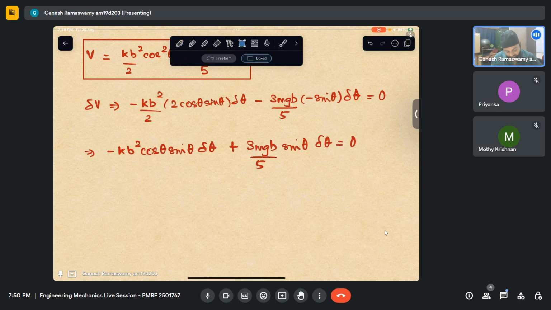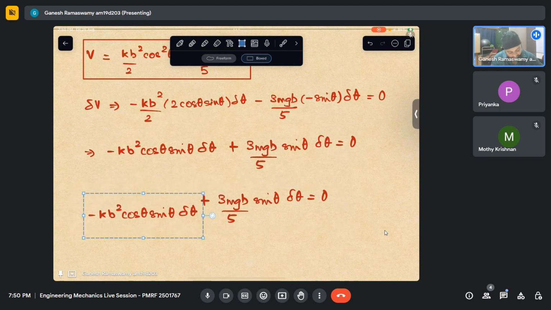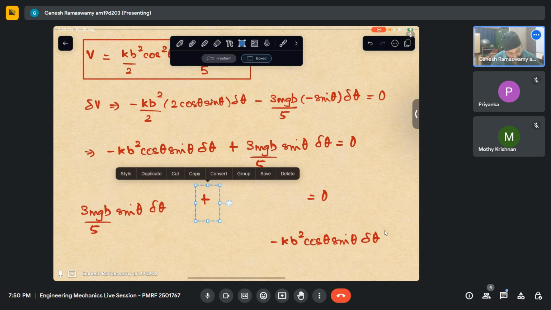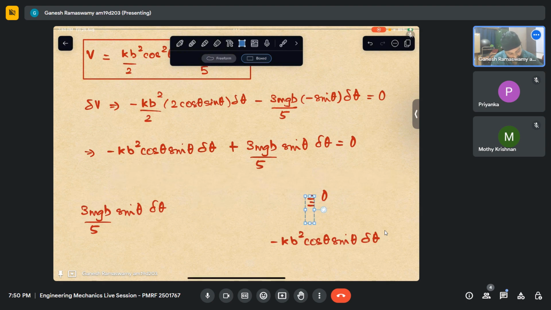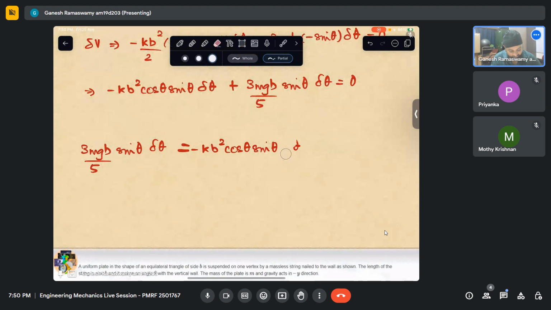Now we can simplify this by taking it to the right side. This equal to this. So I have taken this to the right side. Delta theta gets cancelled. Sin theta gets cancelled.